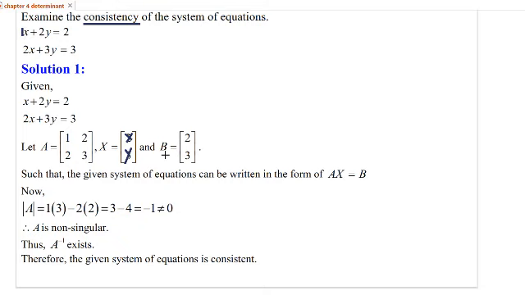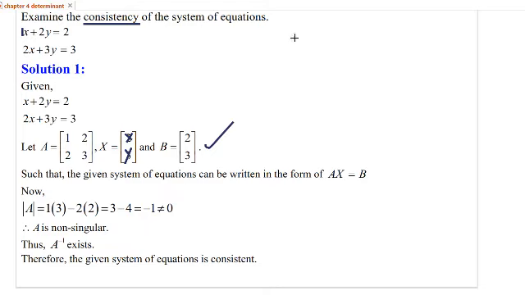Then the third matrix is matrix B, in which you'll put the constants on the RHS of the equations, in this case 2, 3. This is always the first step to check the consistency of a system of linear equations.